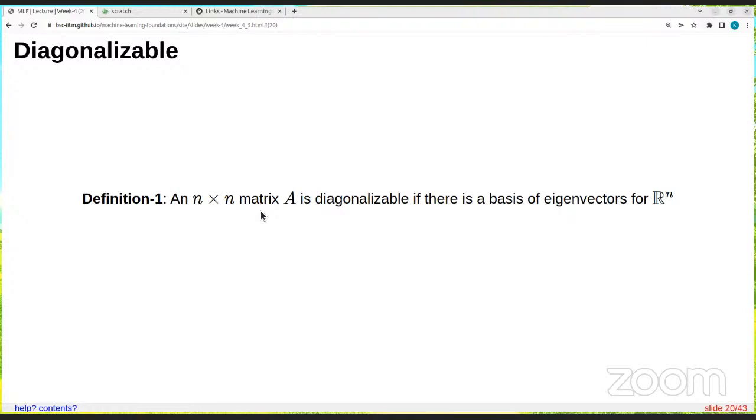The term diagonalizable, you can think of as something similar to a diagonal matrix, something very close to a diagonal matrix, but not necessarily diagonal. So this is the first definition: if you have a matrix A whose eigenvectors form a basis for Rn, then that matrix is diagonalizable.